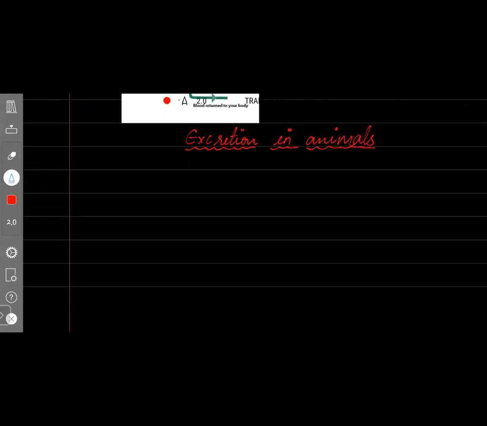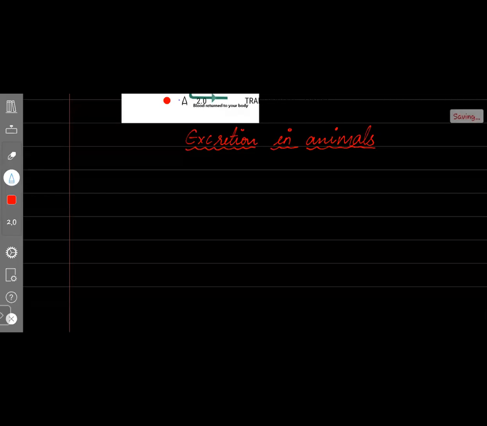Be healthy, do exercise, drink lots of water. Water is very good for kidneys. Watermelon, cucumber, these are fruits you can eat. Musk melon is good for kidneys. Orange, lemon. So excretion in animals also happens like in human beings.